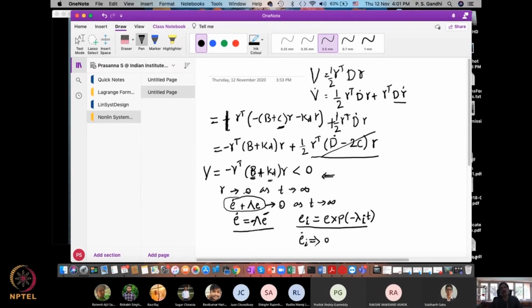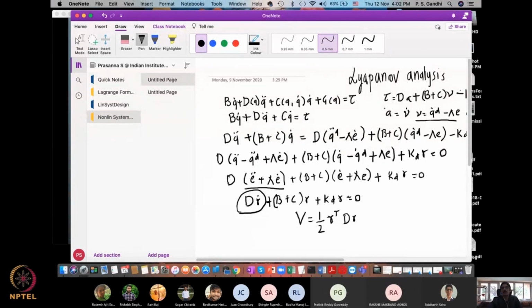These are the kinds of arguments one can use to establish the proof that the error indeed asymptotically goes to 0, and this is happening for the case of your controller which has a tracking nature. This qd dot is coming here, and qd dot is not 0. So qd is in general a function of time.